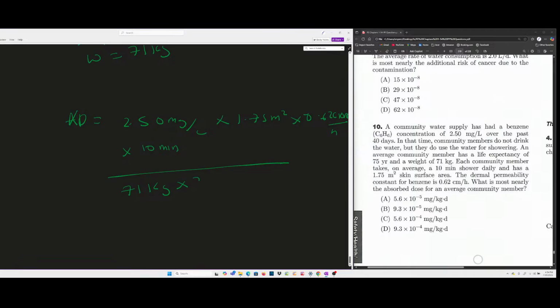Now we have to do conversions. We also have 40 days.